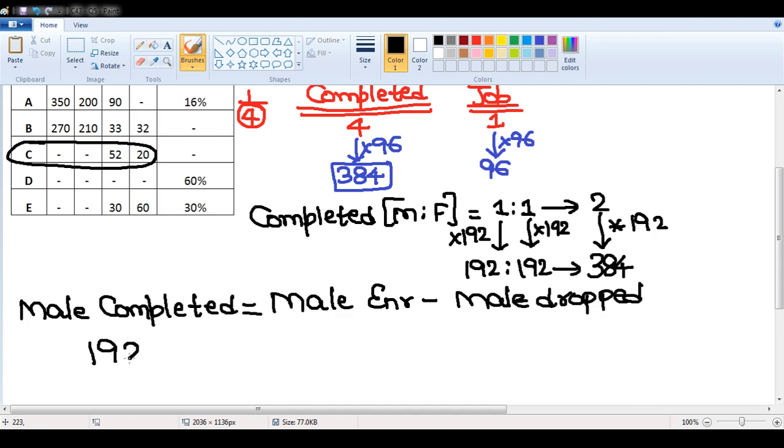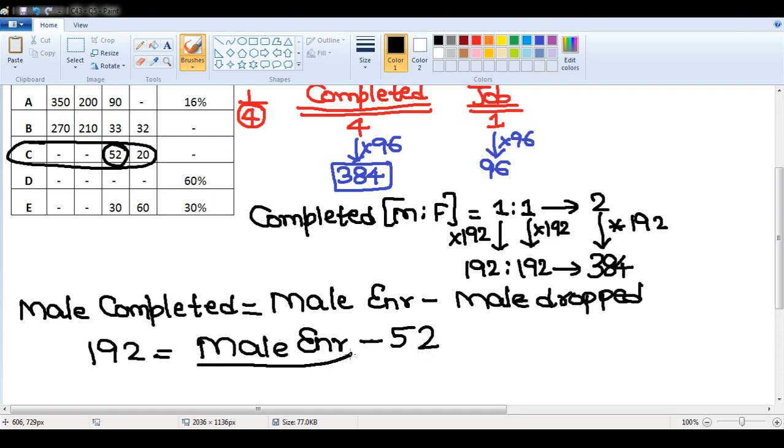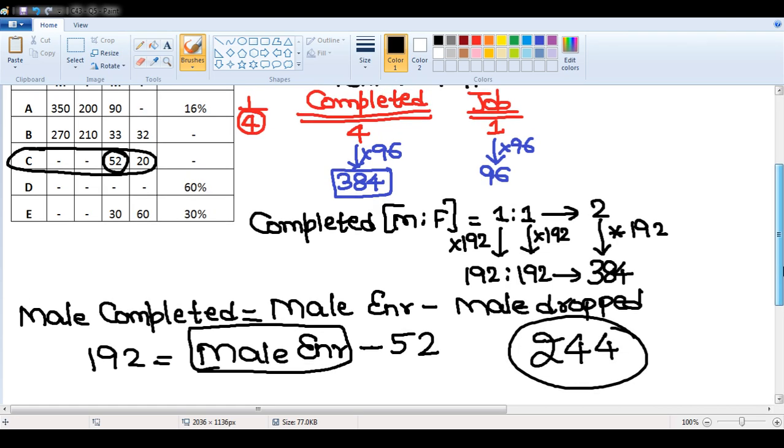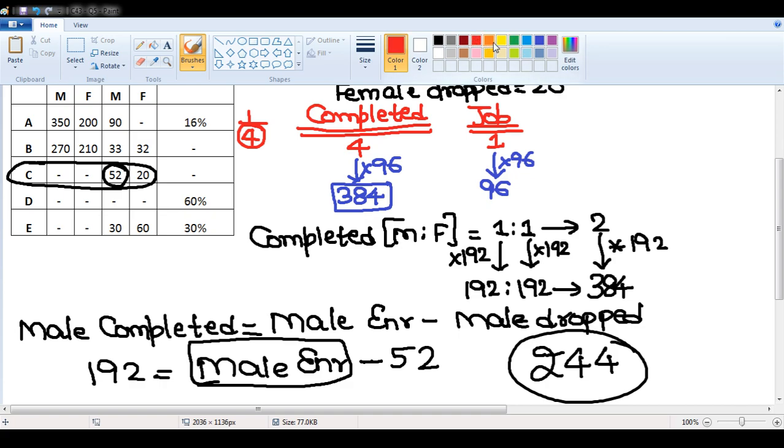Male completed is 192, male enrolled is what they are asking, male dropped is given in the question as 52, right? So the answer is male enrolled is nothing but 192 plus 52. Answer is 244. Beautiful way of using fractional values or the ratio values. Beautifully a problem can be solved without using any variable in this question.